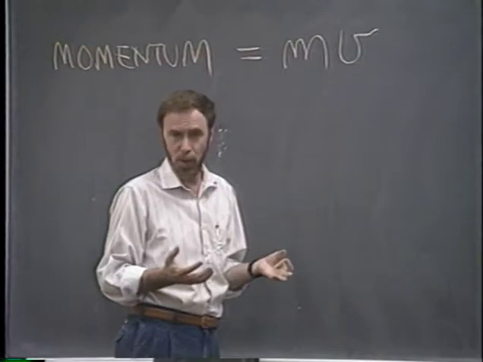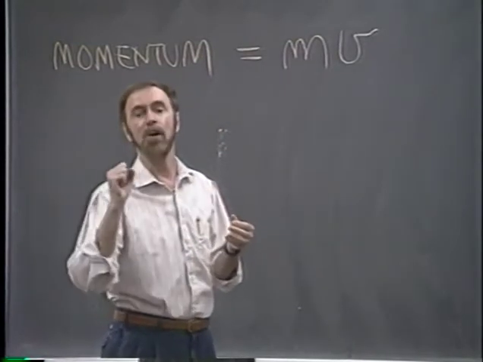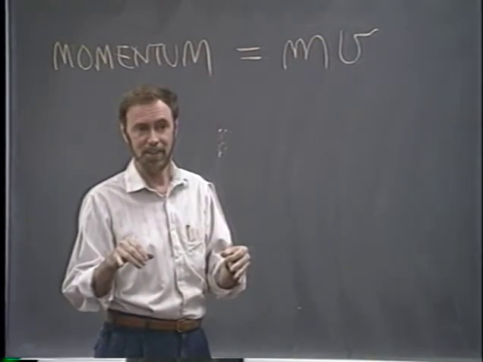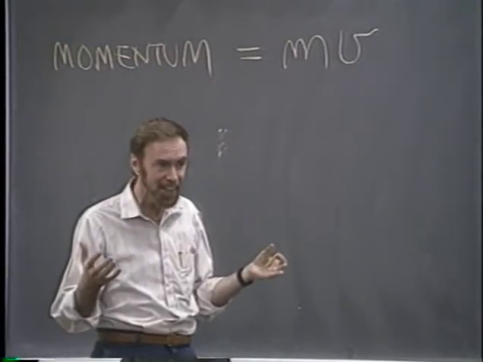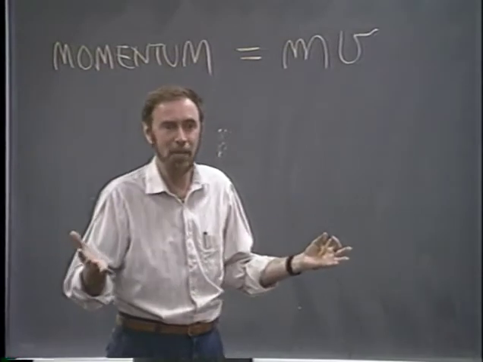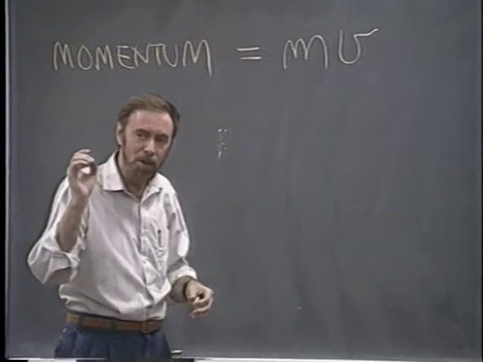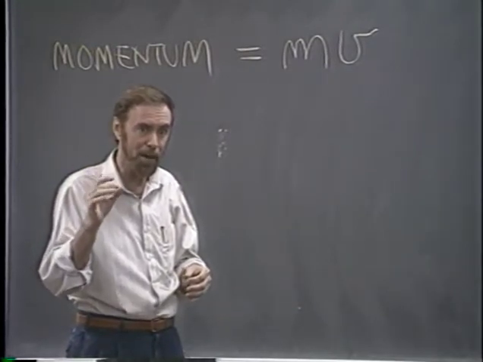When I ask you which has more momentum, a roller skate or a Mack truck moving at the same speed, you might say, well, if the speeds are the same, the momentum will be the same. Any fool knows that, right? But fools aside, what would you guys say? The Mack truck, because it's got more mass. Can you think of a case where the moving roller skate might have a greater momentum than a moving Mack truck?